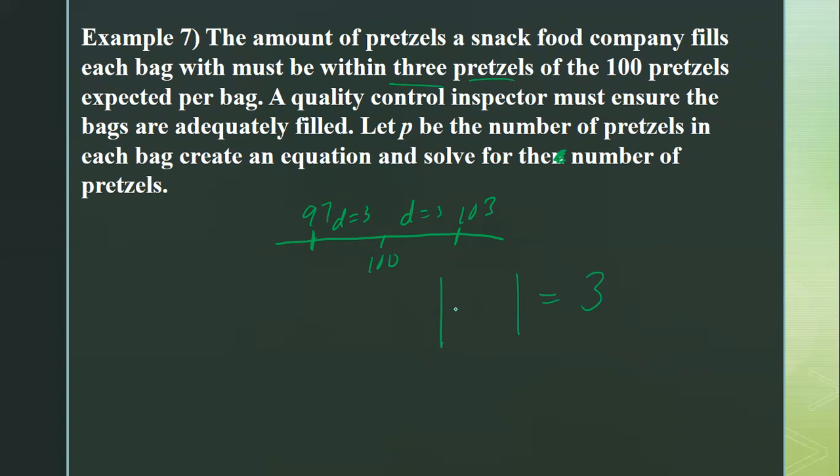So whatever the number of pretzels is, the pretzels minus 100 has to equal 3. And that's all we're doing. So just creating a number line, explain what it means. And so either you're going to get an unfortunate bag with how many in it? 97. Or you're going to get a really good bag and you have 103 in it. But as long as you're within 3 of 100.